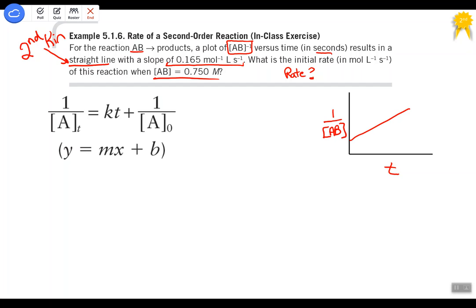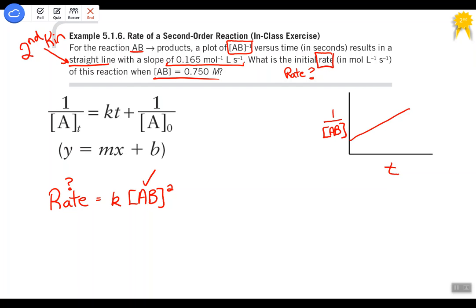I want to figure out the rate at a given moment in time. And I know that this is a second order law, so the concentration of AB will be squared. I want to figure out the rate at a given concentration of AB, of my reactant, at 0.75 moles per liter.